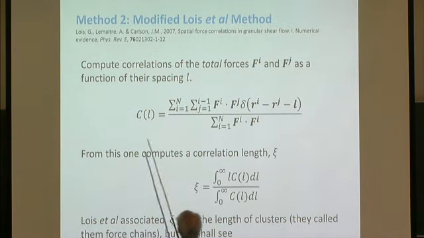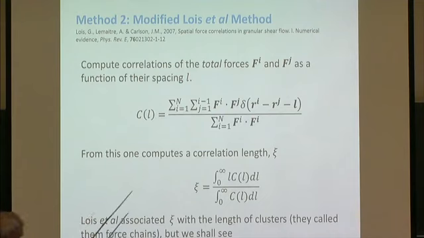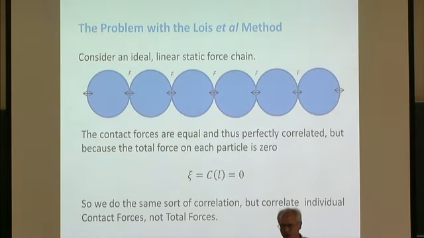And the other is to look at the Lois et al. method, where they were forming correlations between particle forces, from which they compute a correlation length. Unfortunately, there's something wrong with that, and this is an example.